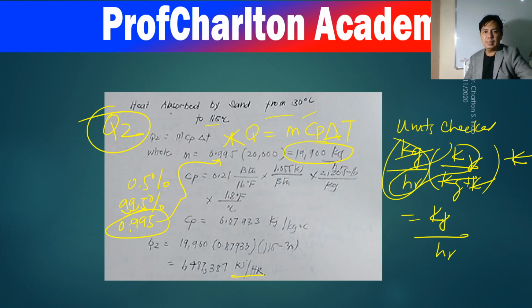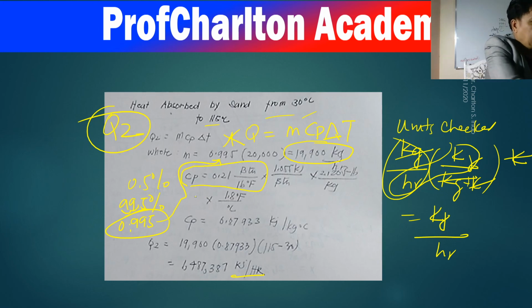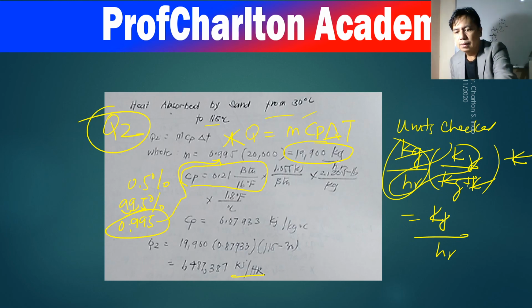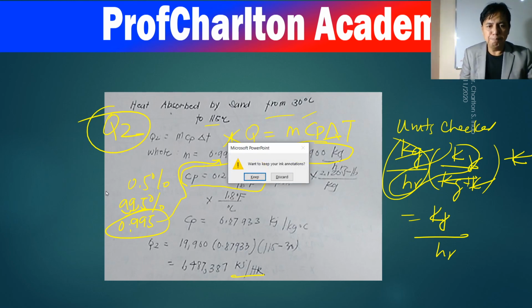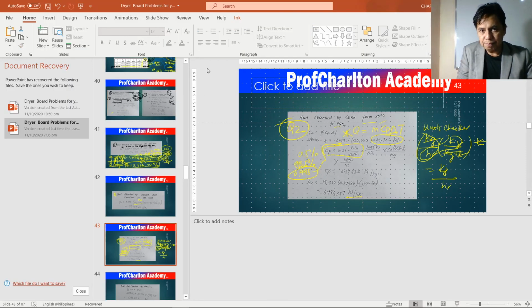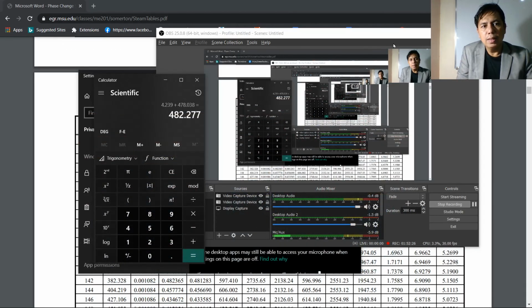Then given in the problem is the CP of the sand. Yeah, CP of the sand, 0.21 BTU per pound per degree Fahrenheit. Let me check if we can get a direct CP of the sand.